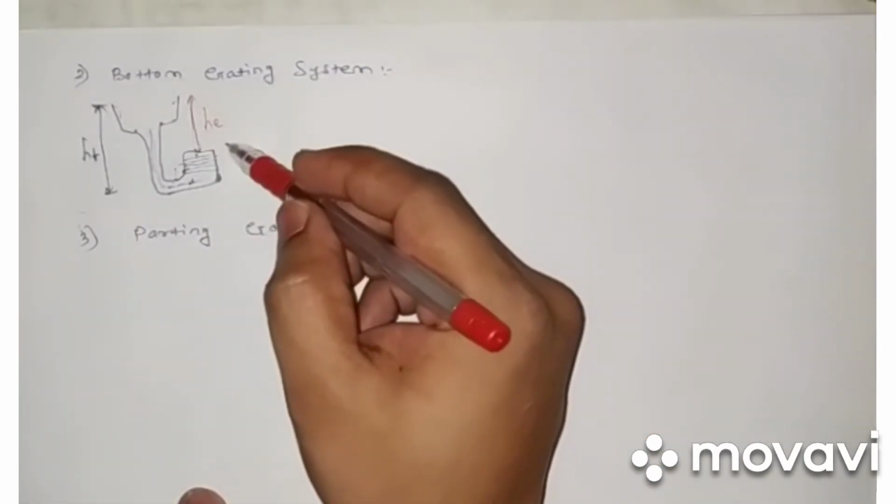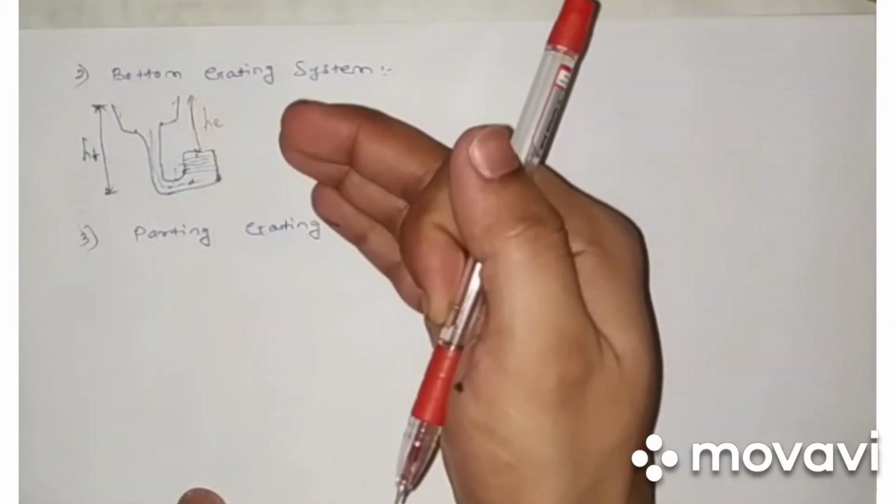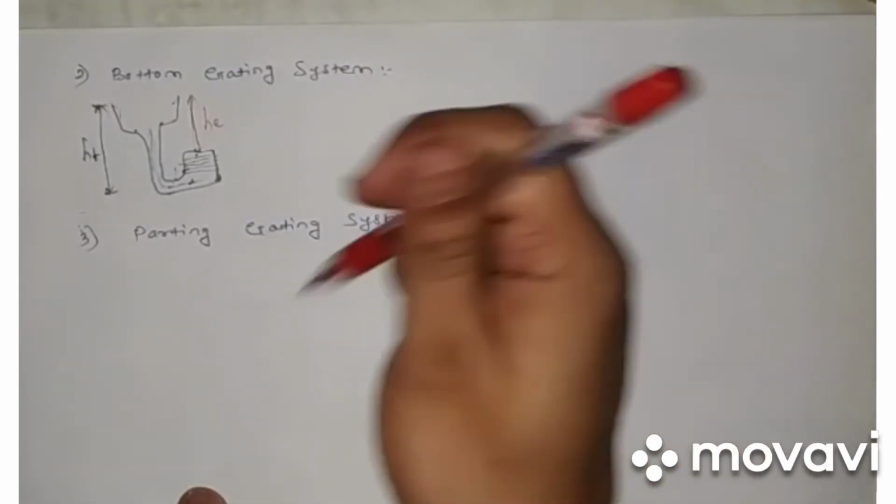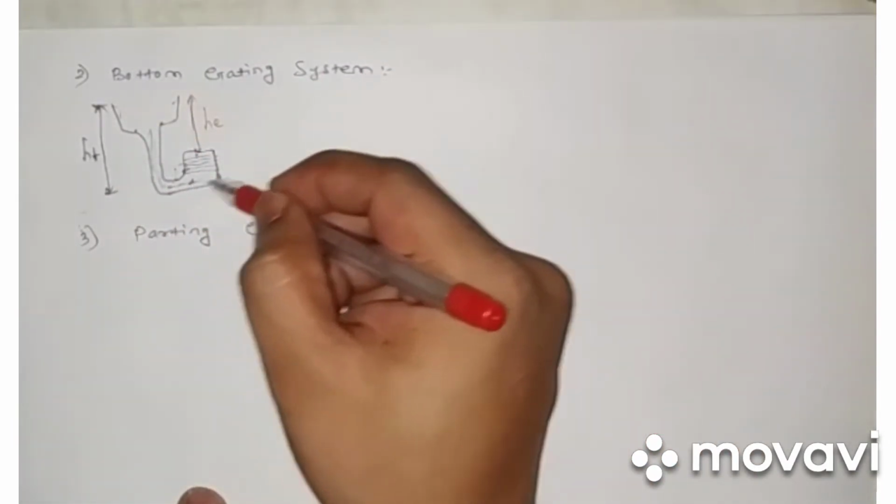So in this case we can't have a maximum velocity, but we have to go for the average velocity, because the velocity is changing layer by layer.